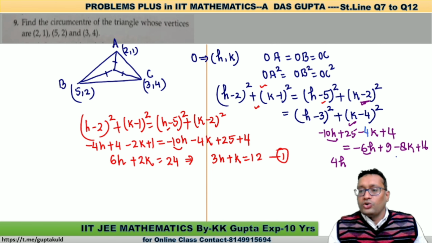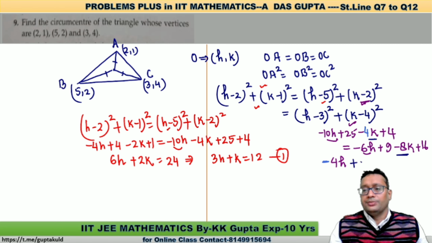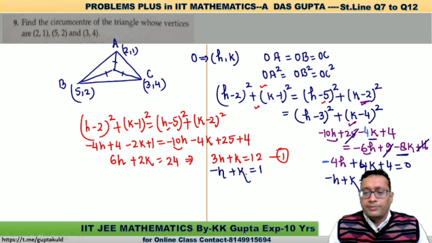So this becomes −4h, this is −4k and this is −8k, it becomes 4k. 9 and 16 and this get cancelled, plus 4 is equal to 0, means −h + k + 1 = 0. I am placing here this second equation, −h + k = −1.